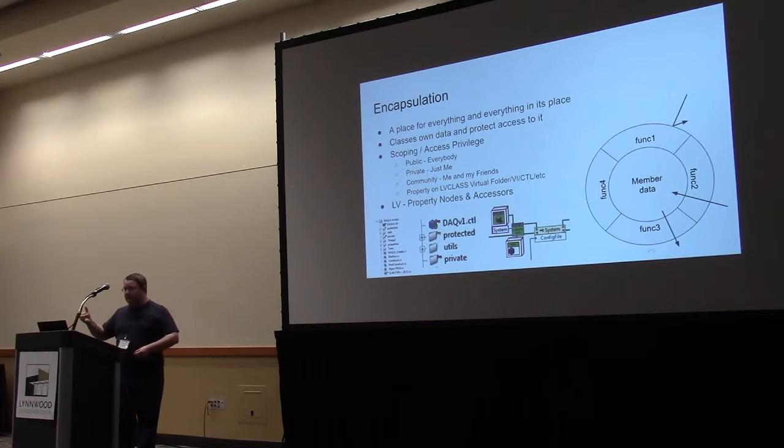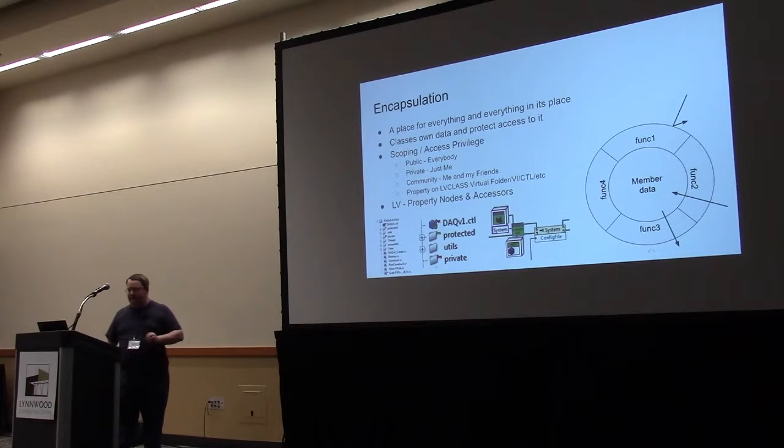The protected things are going to be things like helper functions that allow you to break up the code that the object does into usable or testable chunks, but you don't necessarily want anyone else to be able to call them. Community, let's not touch that, it's a bit advanced.